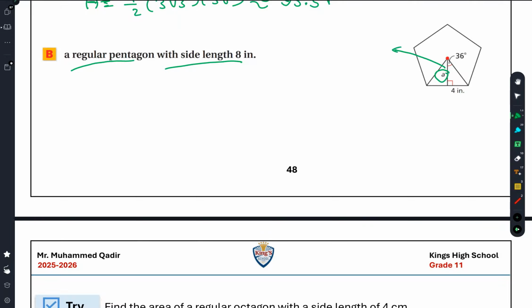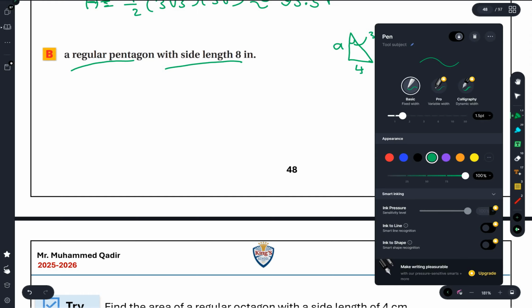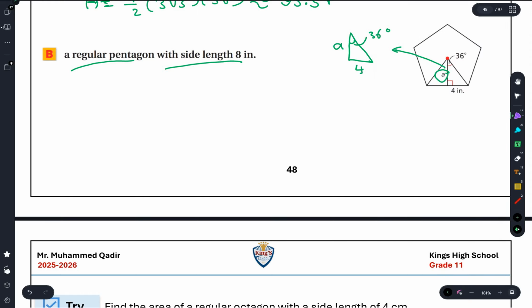In this situation, you need to find out the apothem. If we redraw this right angle triangle bigger, we know that this part is 36 degrees, this part is 4 inches, and here is missing. In order to find out the value of A, you need to use the trigonometric functions, which are sine, cosine, and tan.